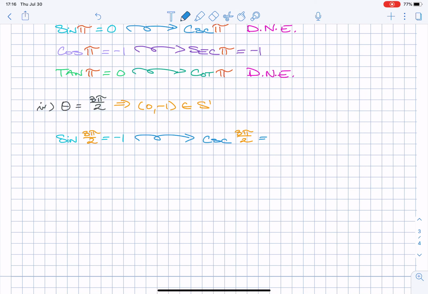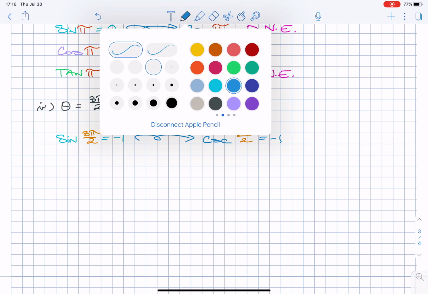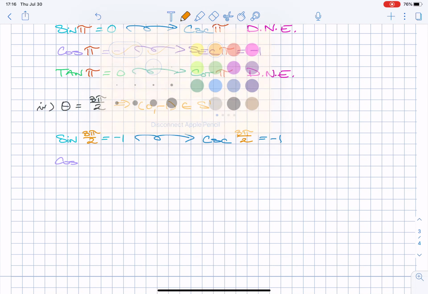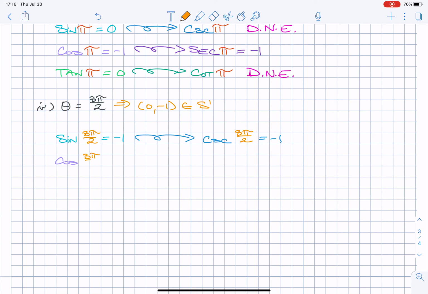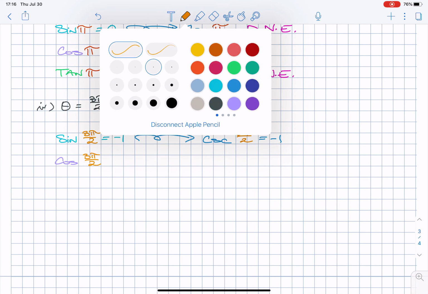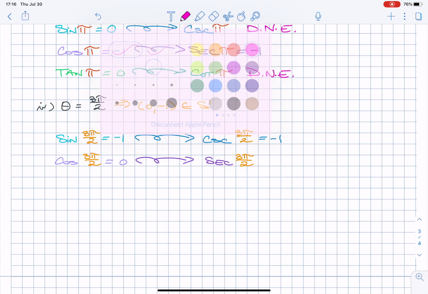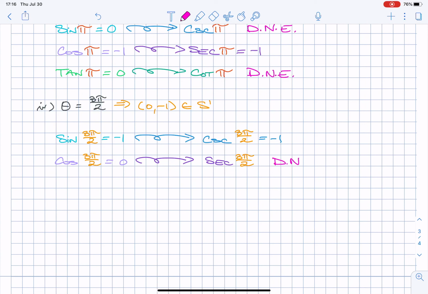So this is going to be also -1. Cosine of 3 pi over 2, on the other hand, is the x coordinate. So that's going to be 0, which means that the reciprocal function secant of 3 pi over 2, well, we know that thou shalt not divide by 0, so I know that this does not exist.